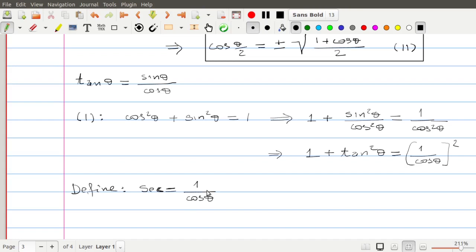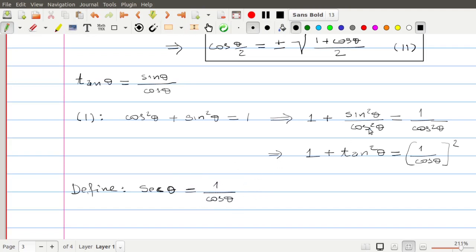Oh, sorry, that is sec theta. So sec theta is equal to this.